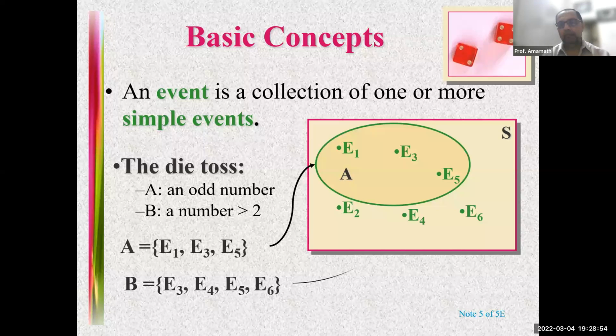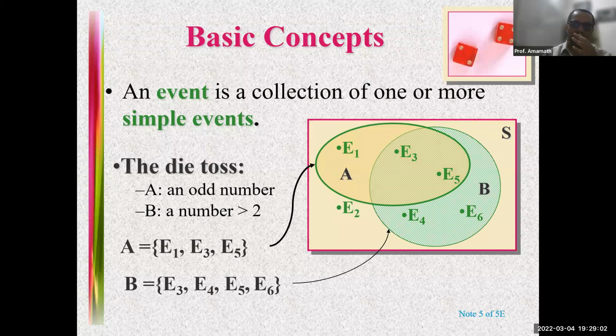Things overlap here. For example, E3 and E5, if we remove the understanding of odd or even numbers, are part of that itself, so these things meet together.